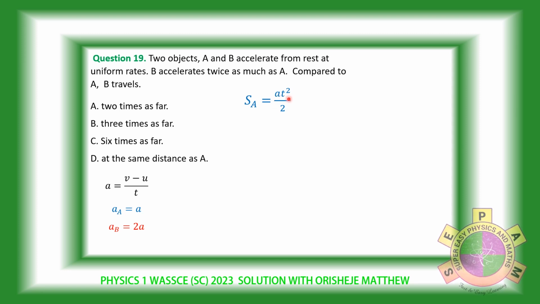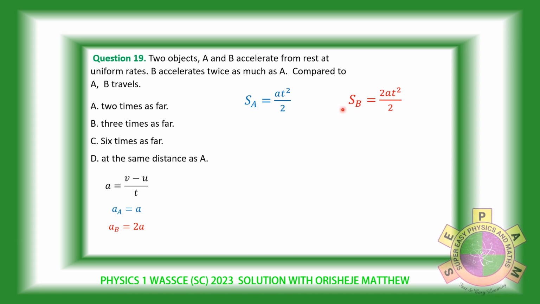So if we substitute into that, the distance traveled by object A is s equals at squared over 2. Then the distance traveled by object B is going to be, in place of a, we have 2a t squared over 2.